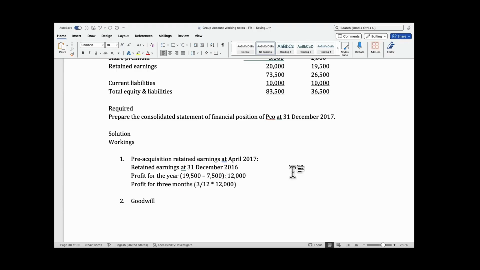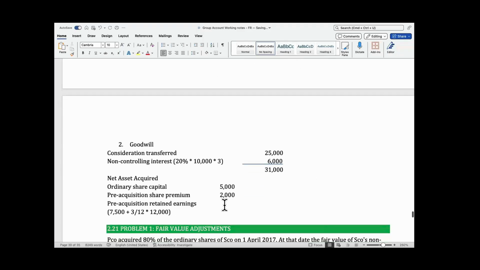Then I take the profit for 3 months, from January till 1st of April, just so that I can get my pre. That's 3,000. So my pre-acquisition retained earnings is simply 10,500. I just worked it out so you can see it clearly.